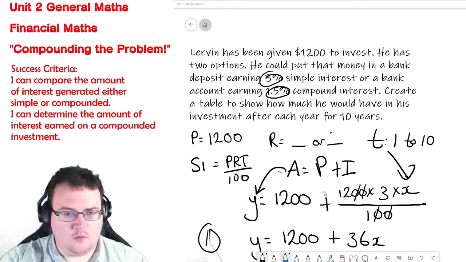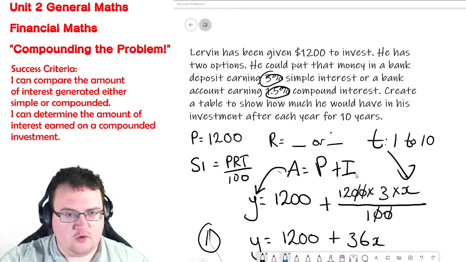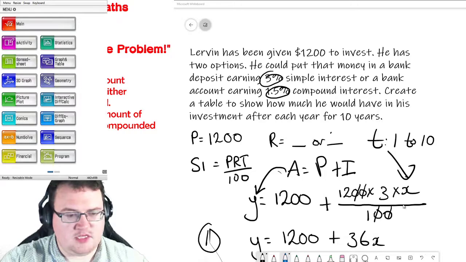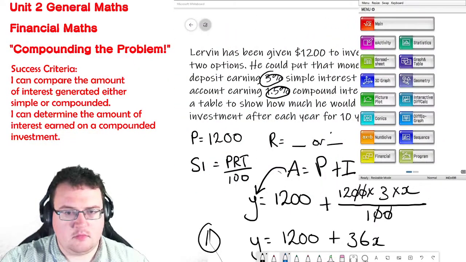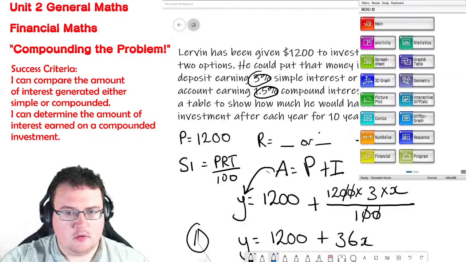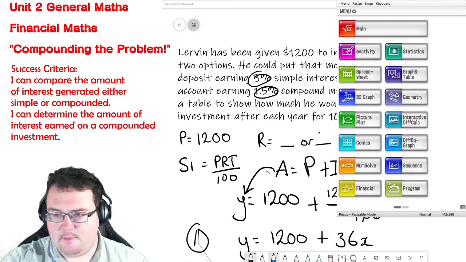So what we will do is we'll grab our good friend Mr. Kaz. And we'll get a little bit bigger.